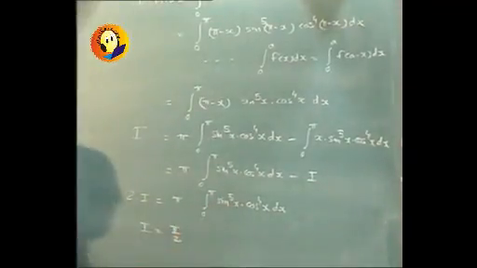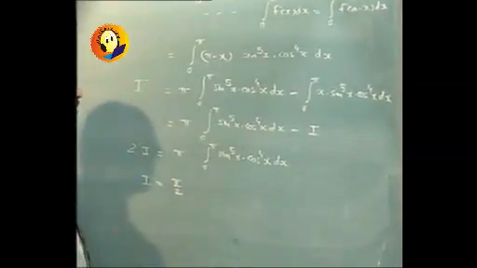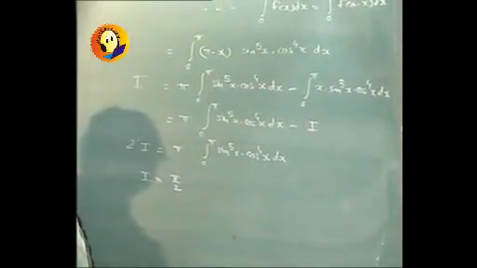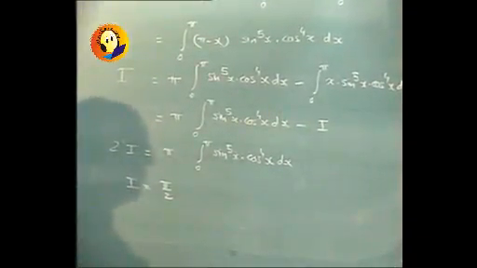Now to evaluate this, we want the limits from 0 to pi by 2, and for limits to be 0 to pi by 2, we can either go for a substitution like 2x is equal to t, that could be one policy, but that is not going to help us much.